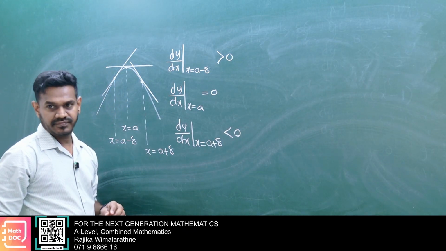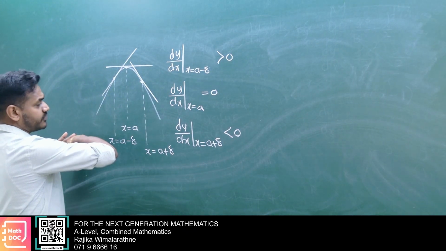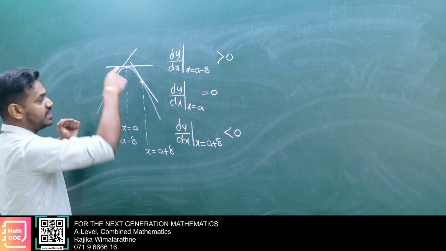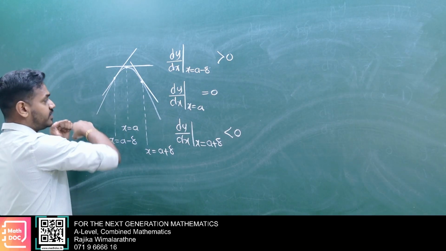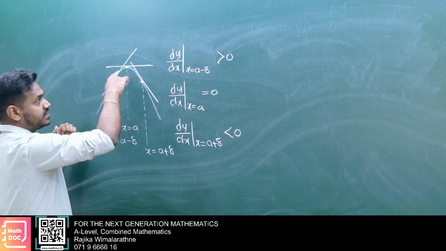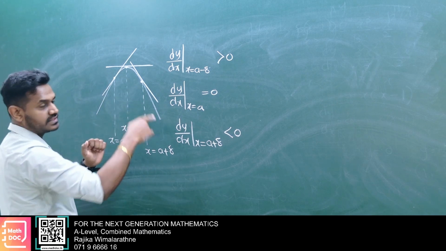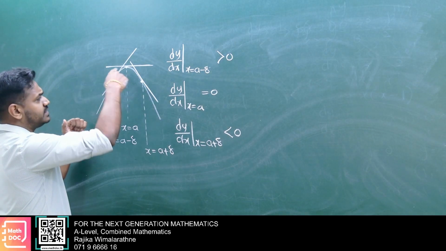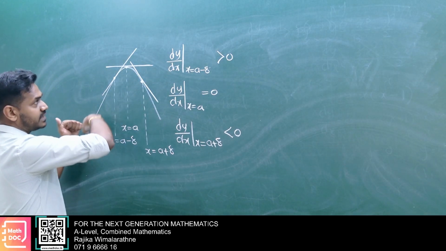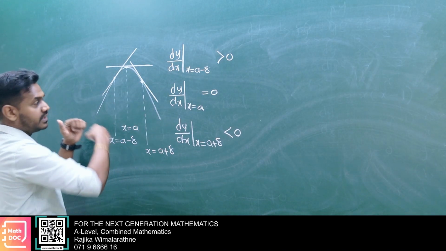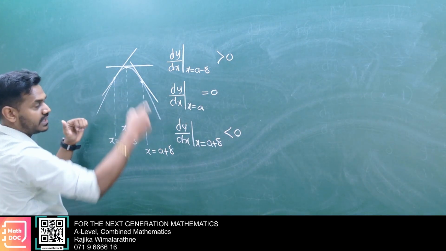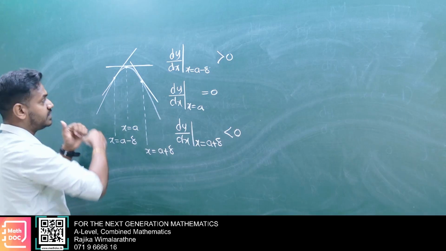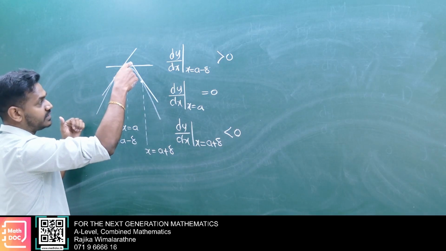Therefore, when you go from left to right, the function increases, then decreases, no? Here increasing, then decreasing. Then dy over dx is positive, 0, negative. Gradient positive, then 0, then negative.